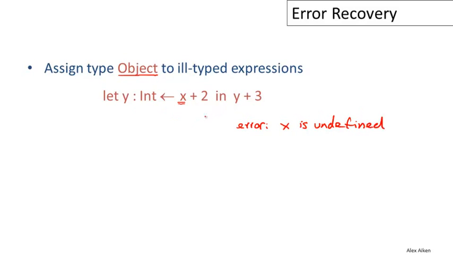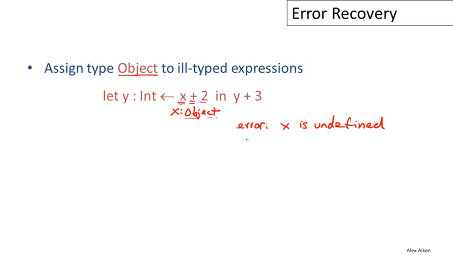And then in order to proceed with type checking, in order to recover, we'll have to assign x a type. So we'll just assume that x has type object because that's our recovery strategy. Now we'll continue to type check as we walk up the abstract syntax tree, and the next thing we'll try to do is type check this plus operation. We'll see that we're adding something of type object to an integer.